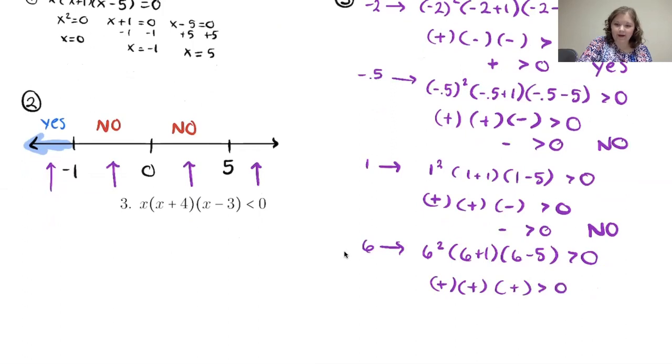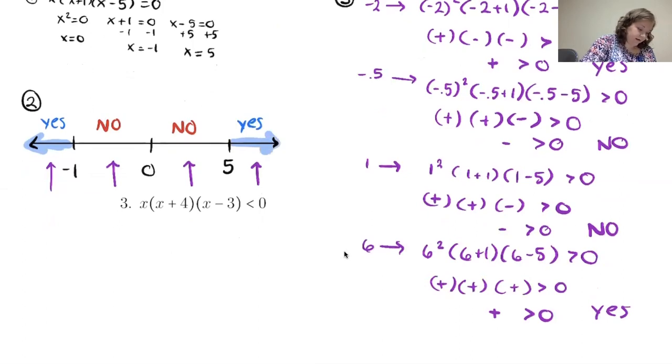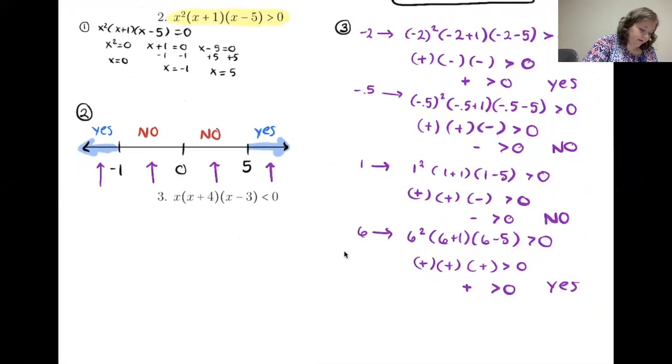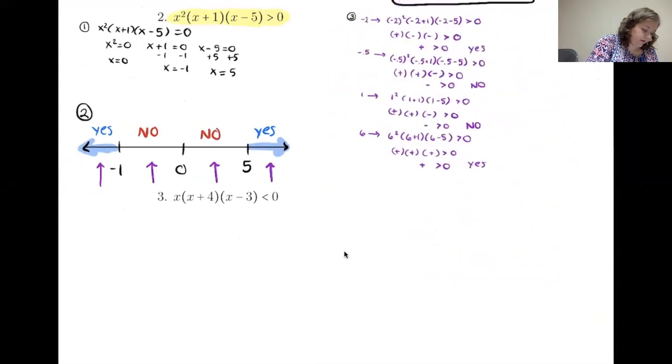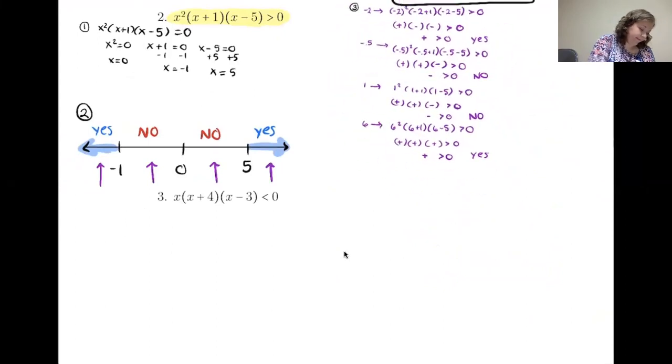And so positive times positive is positive, which is greater than 0. So yes for that one. And it gets shaded. So I'll do that. And then I will make this third step smaller and leave us room for the fourth step.